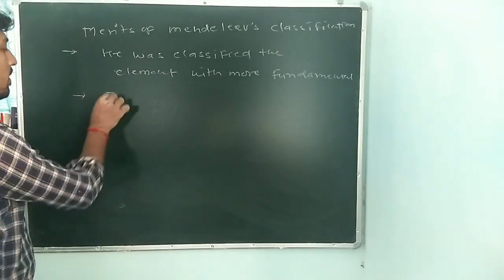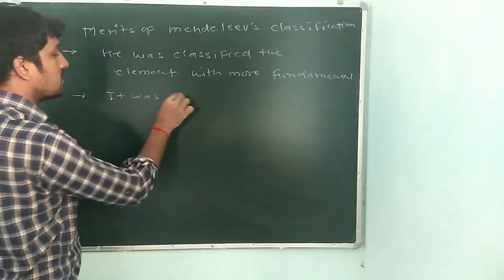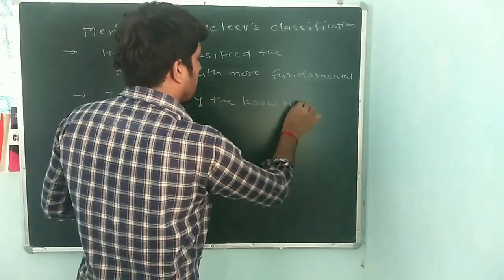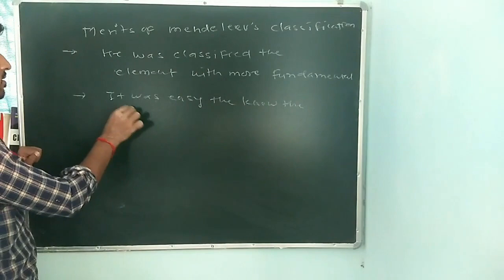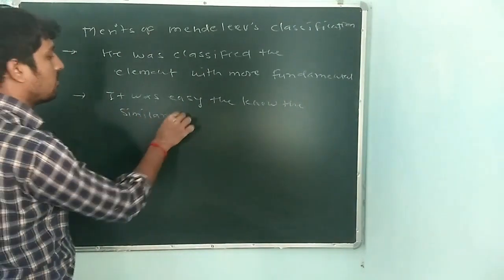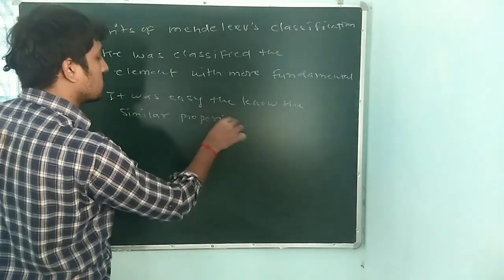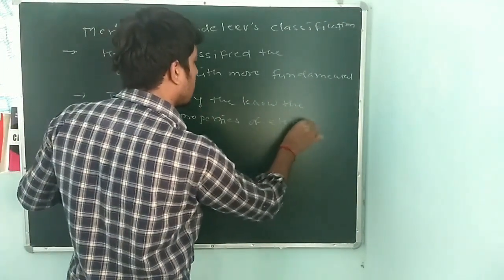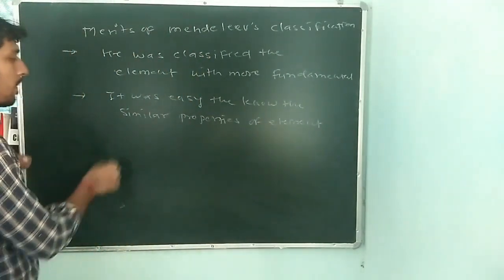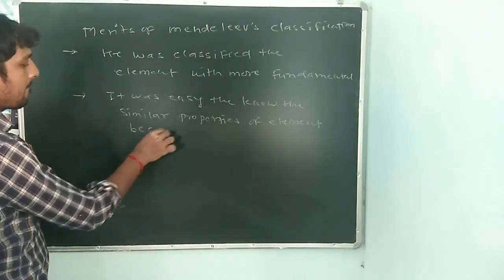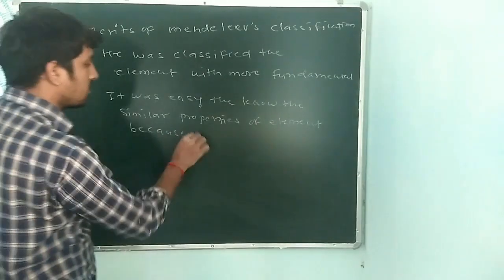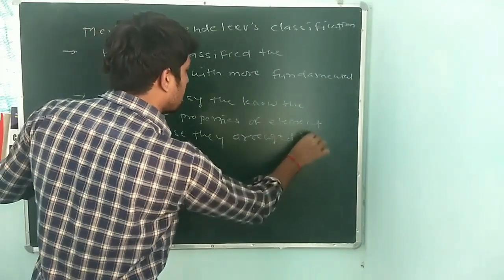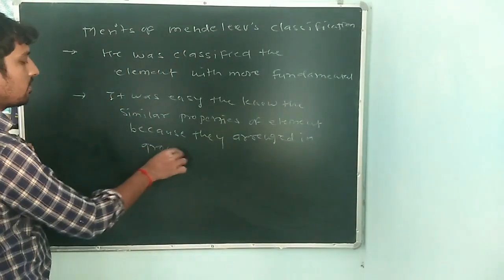Second one is it was easy to know the similar properties of elements because they are arranged in groups.